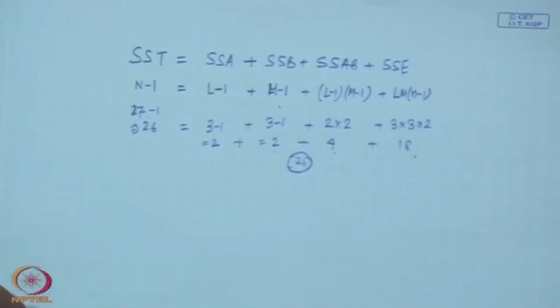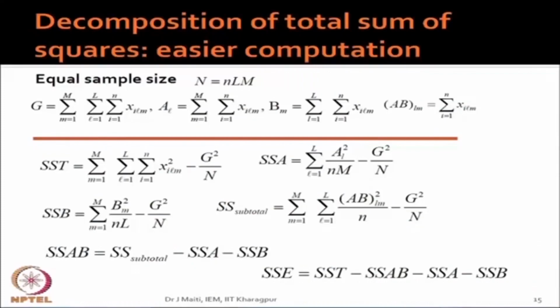Okay. And you have also used the computational formulas for SST, SSA and SSB using this formulation: first you compute the grand mean, then the factor A levels mean, factor B levels mean, and the combination means. These are all totals.